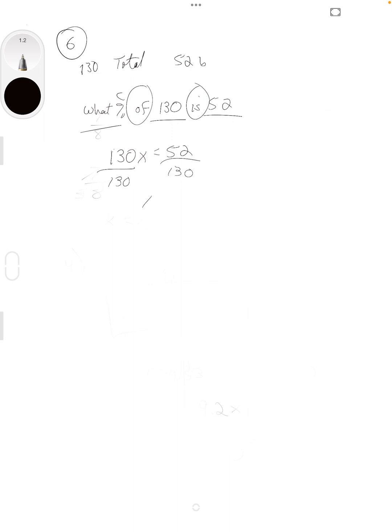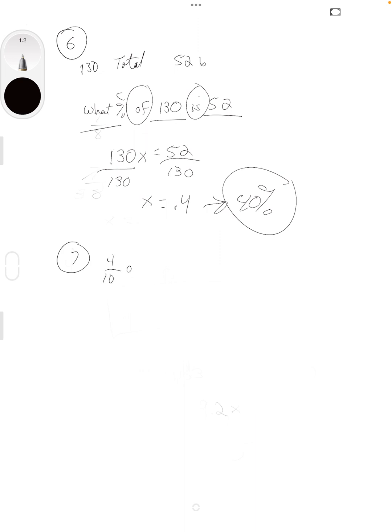So you're saying what percent of 130 is 52? You recognize this pattern again. Put an x there and it becomes 130 times x equals 52. Divide both sides by 130, and I get x equals 52 divided by 130, which is 0.4 or 40%. Answer.